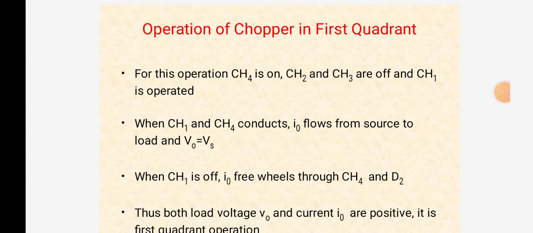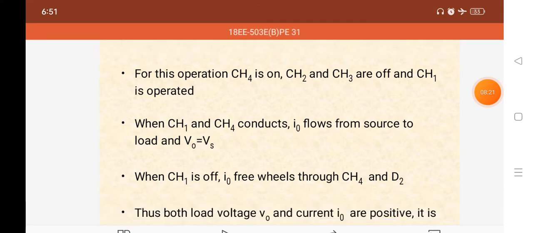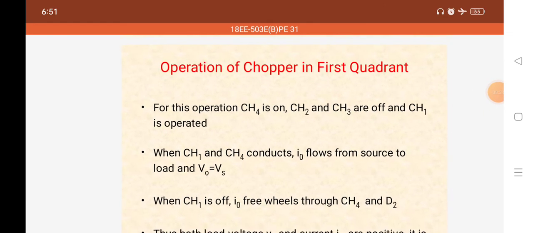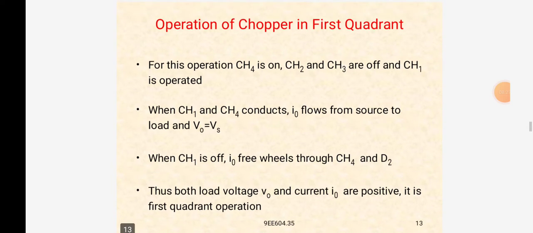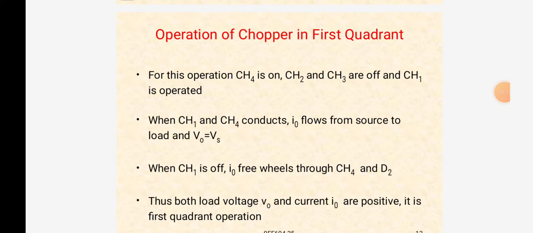Now we are going to discuss clearly the operation of chopper in first quadrant. For this operation, CH4 is on, CH2 and CH3 are off, and CH1 is operated.